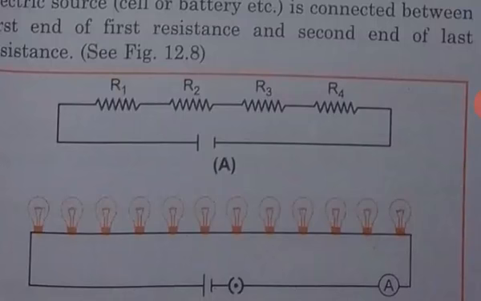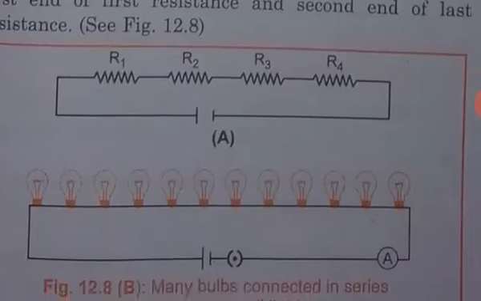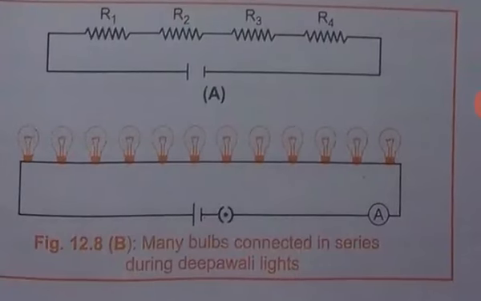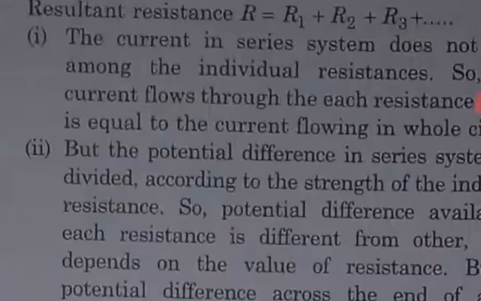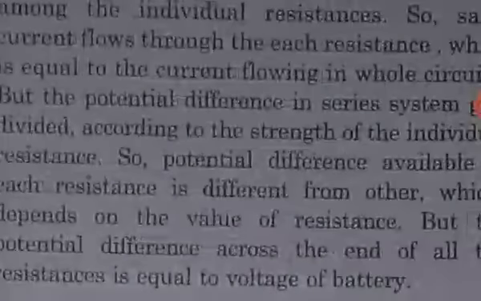Suppose their equivalent resistance, that is, a single resistance wire that can be used in place of all four resistances, is capital R. V1, V2, V3 and V4 are the potential differences between the ends of the resistances.